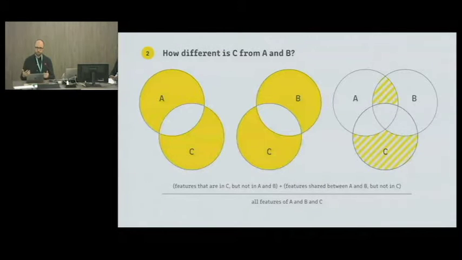And the second task is how different is C from both A and B. So on one hand, through the Venn diagrams, you can see that it's the part of C that is not in A and not in B, but it's also emphasizing the part where A and B are similar, but in a different way than they are similar with C. Does this make sense?